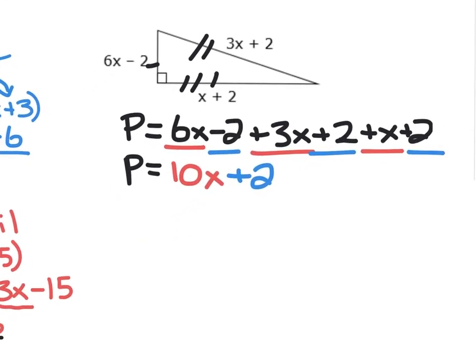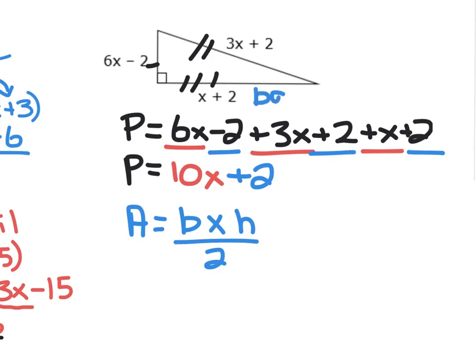Okay. If we wanted to find area, the formula for a triangle is base times height divided by 2. So we have the base and we have the height.